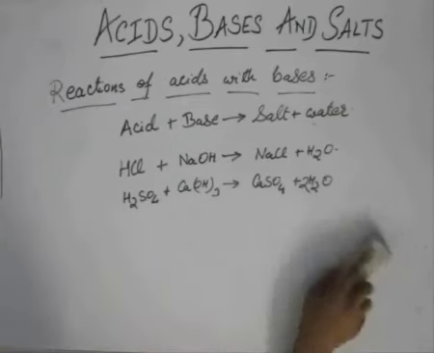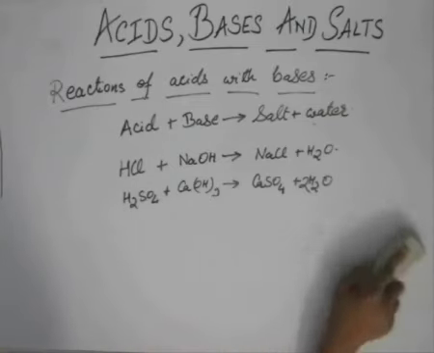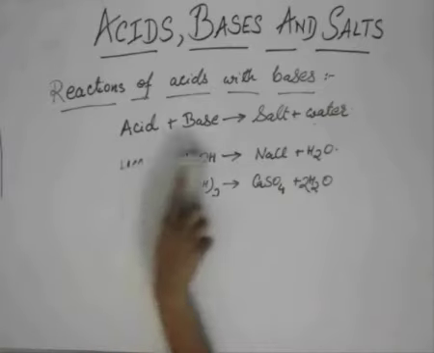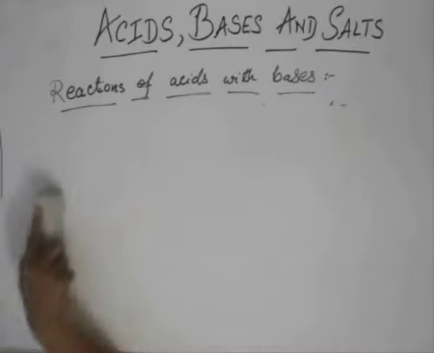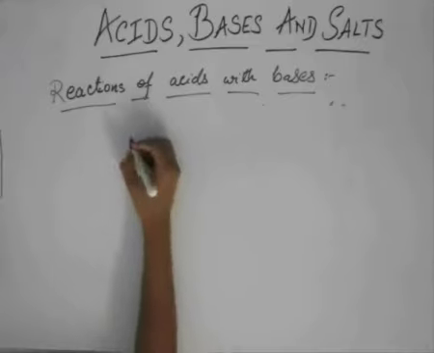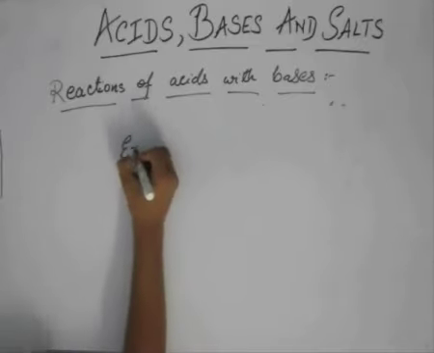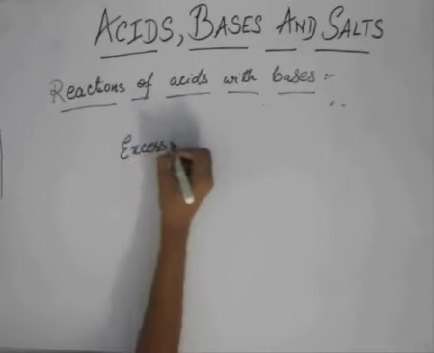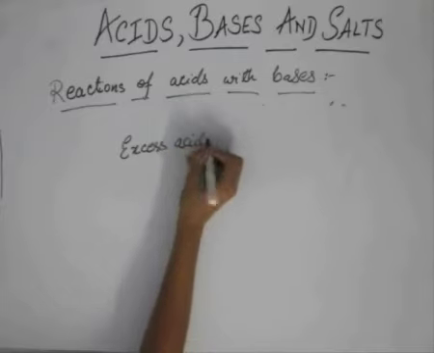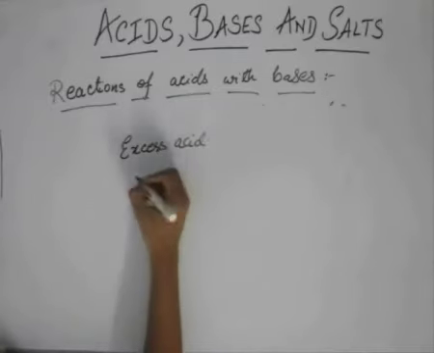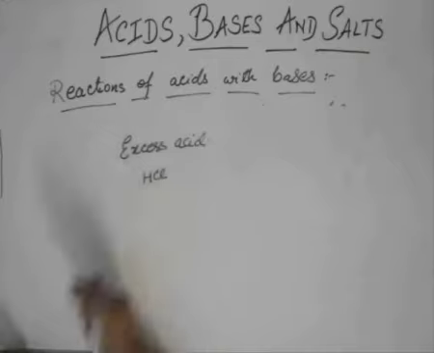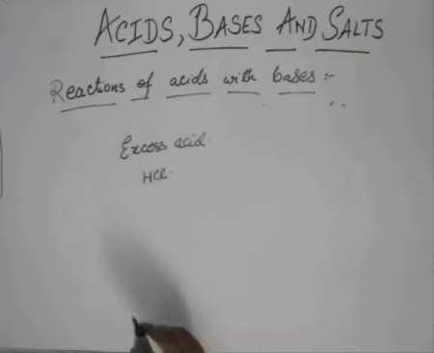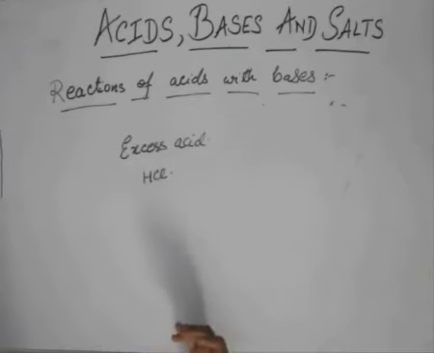You know, when you have acidity, your stomach produces excessive acid, actually HCl. And this excessive acid becomes very harmful for the walls of the stomach, because this HCl will actually erode the walls.